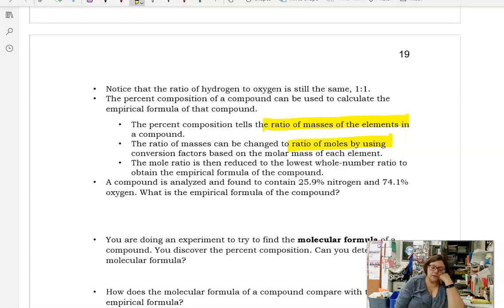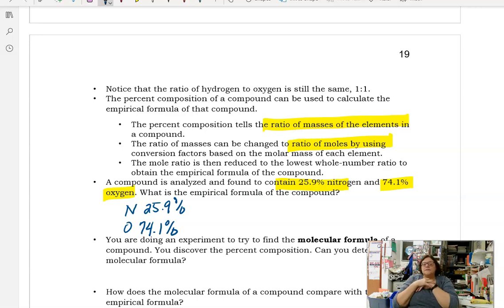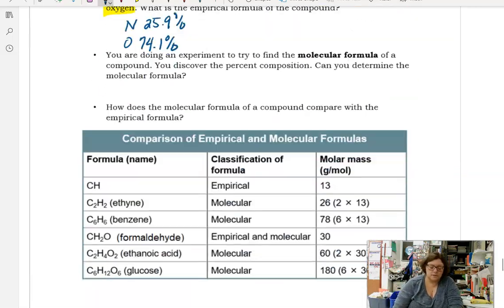Here a compound is analyzed, and we have nitrogen, 25.9%, and oxygen, 74.1%.